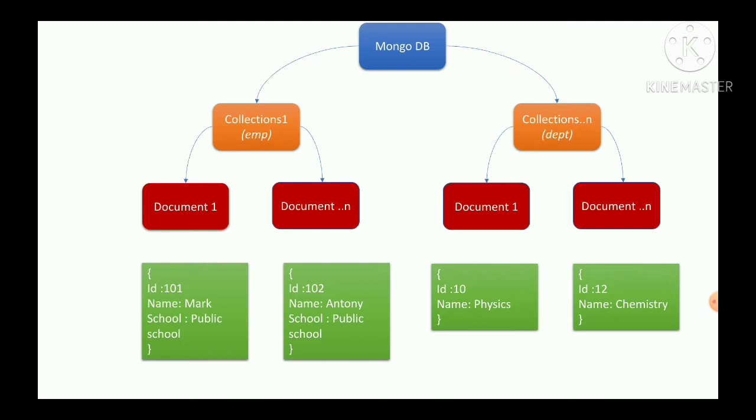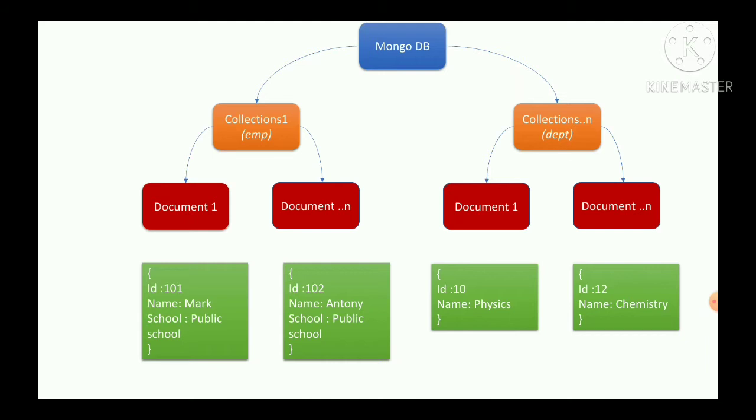These records are stored under the document. Every document contains this kind of JSON formatted data, and a list of documents is stored under collections. For example, in an RDBMS, a table contains a list of rows and columns.